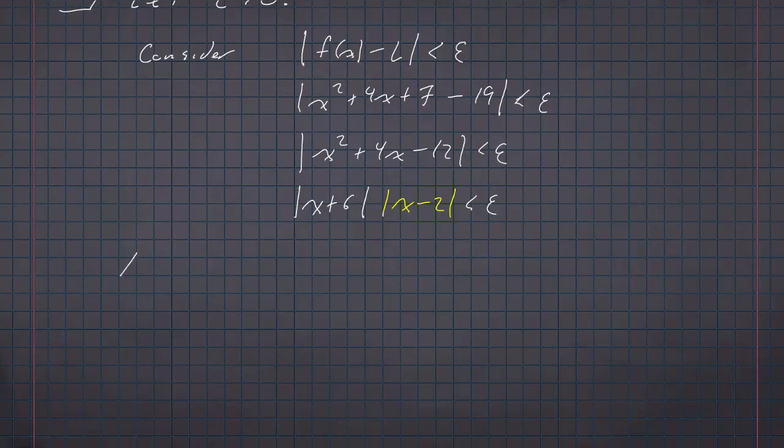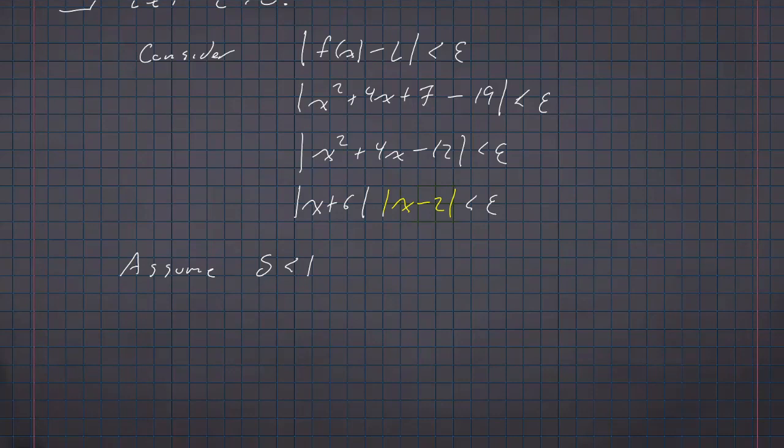The traditional way of doing that is to assume that delta is less than 1. As I was saying at the beginning of this video, we're looking for a value of delta that satisfies the definition, not the biggest value of delta that satisfies the definition. So if it turns out that we could have chosen delta equals 37, well, anything smaller than 37 would also work.